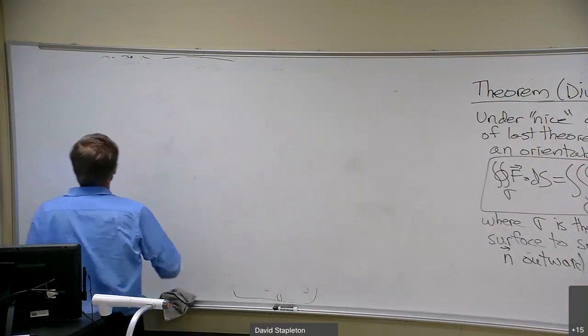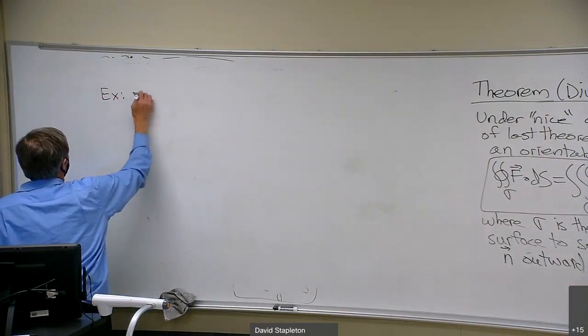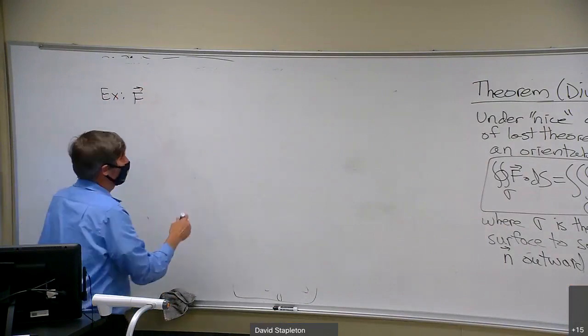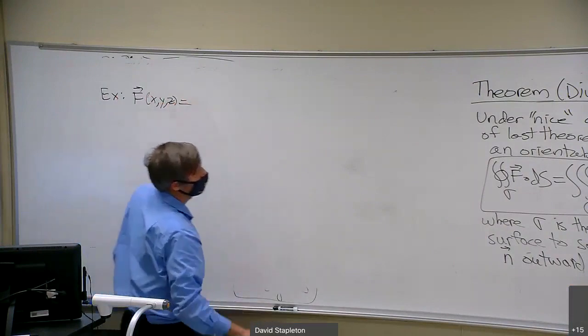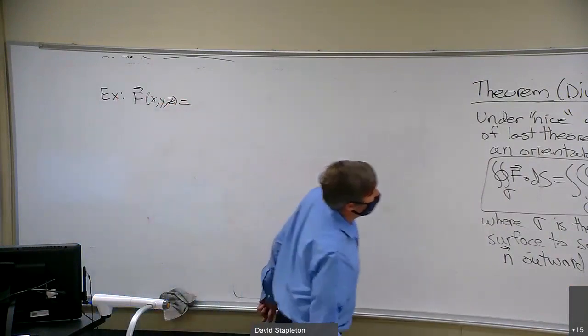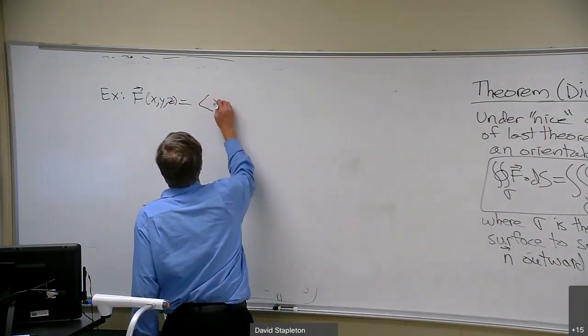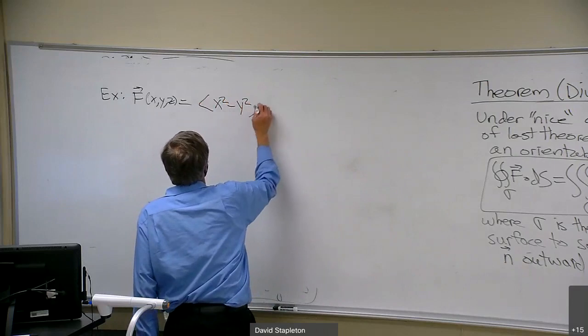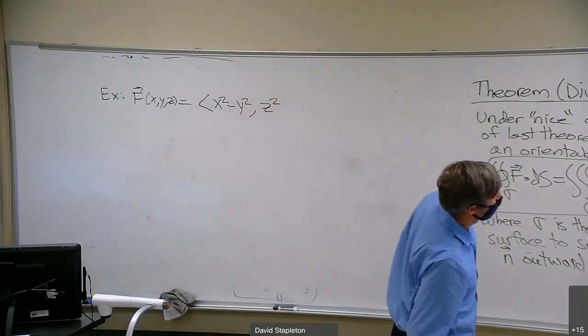Really should put that picture up there. That example would look a lot better. Suppose you have this field, F of x, y, z. The vector field is x squared, minus y squared, z squared, xz.